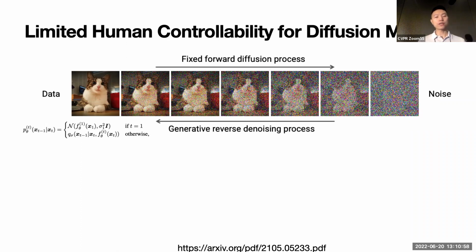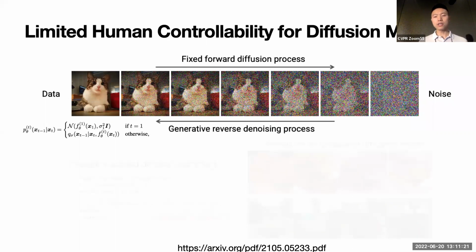But the issue is that for this iterative process, it's really difficult to control the contents. Let's say we want to change the view of the image or change a certain global attribute, like the lighting or the age and gender of the person, you really have to implement that.